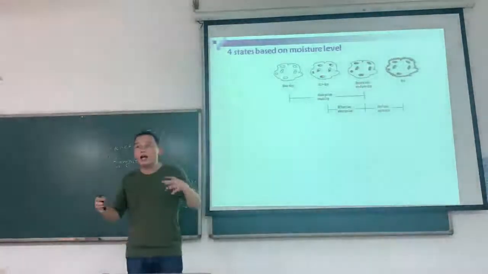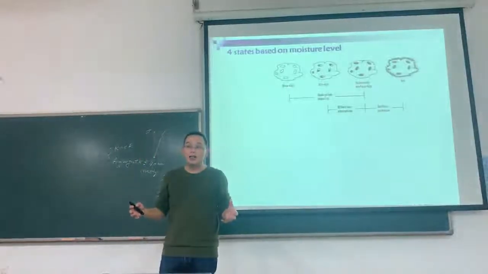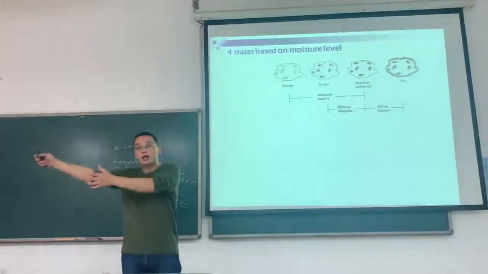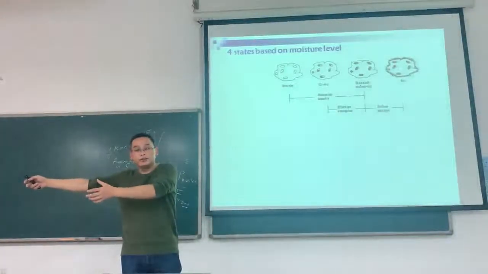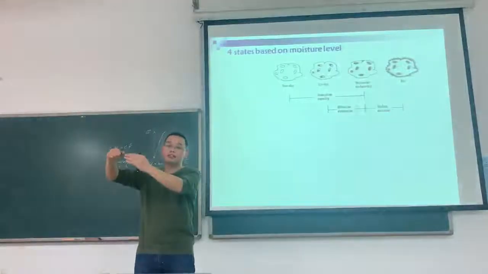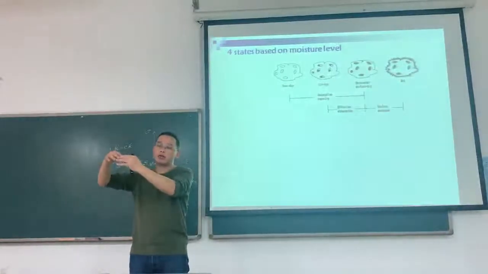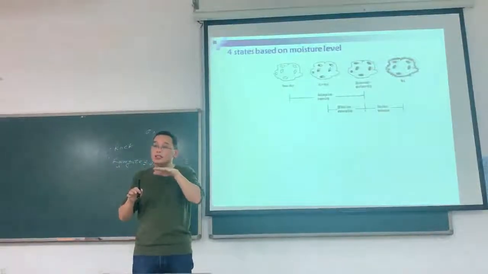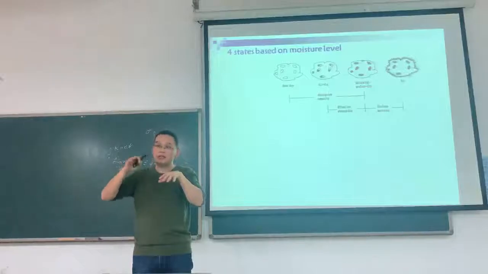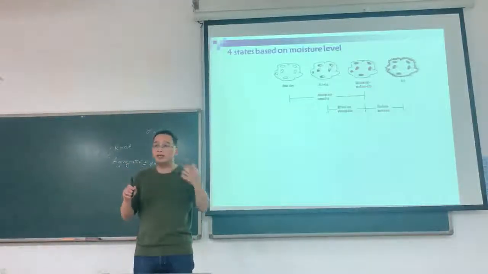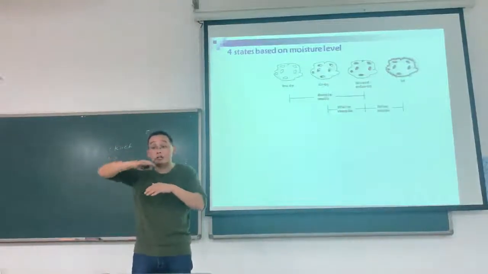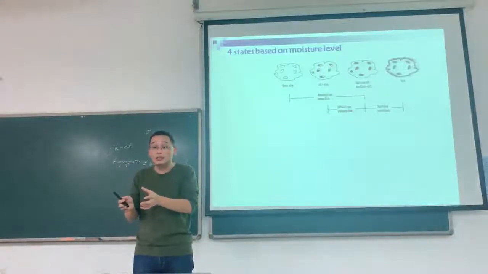And then the air dry. How can we get the air dry state of the aggregate? If we put the aggregates outside, we need to get a shelter. Yeah? We need to get a shelter. And then the weather is not changing. But maybe it's sunny for several days, or raining for several days. But it gets shelter, so it cannot be wet.